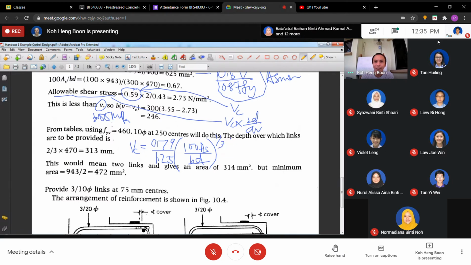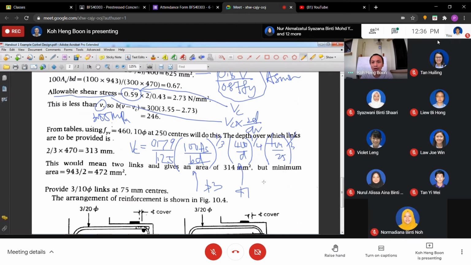Multiply by 400 over D, power 1/4, and FCU over 25, power 1/3. 100 AS over BD must not be greater than 3; if greater than 3, use 3. 400 over D must not be less than 1; if less than 1, use 1.